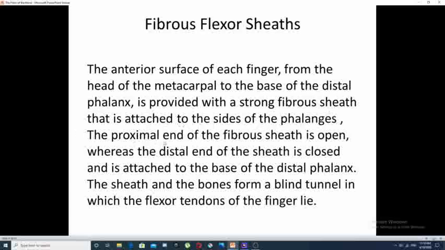The proximal end of the sheath is open, whereas the distal end of the sheath is closed and is attached to the base of the distal phalanx. The sheath and the bones form a sort of blind tunnel in which the flexor tendon of the finger lies.